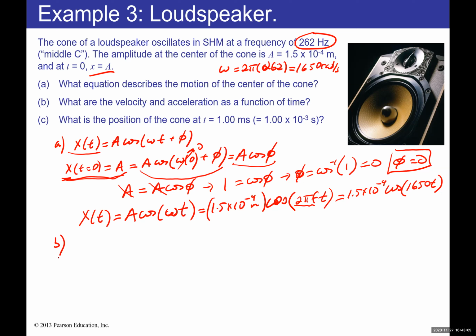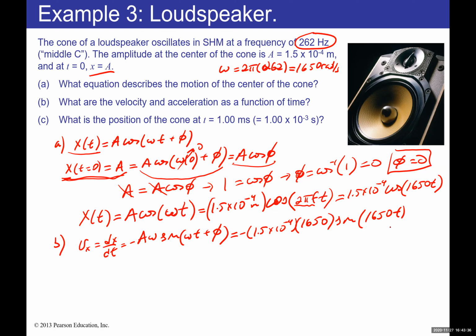Part B is just taking the derivative of that. So vx equals dx/dt, and remember, it equals negative A omega sine of omega t plus phi. Phi equals 0, so I can say this is negative 1.5 times 10 to the negative 4 times 1650, times sine of 1650t.